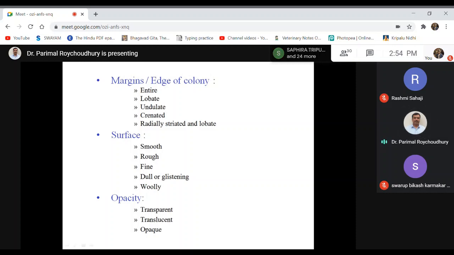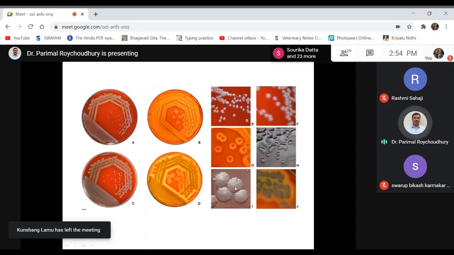Now you can understand about the smooth and the rough. These are rough colonies, these are smooth colonies. This is another rough colony, this is a smooth colony, mucoid type colony.